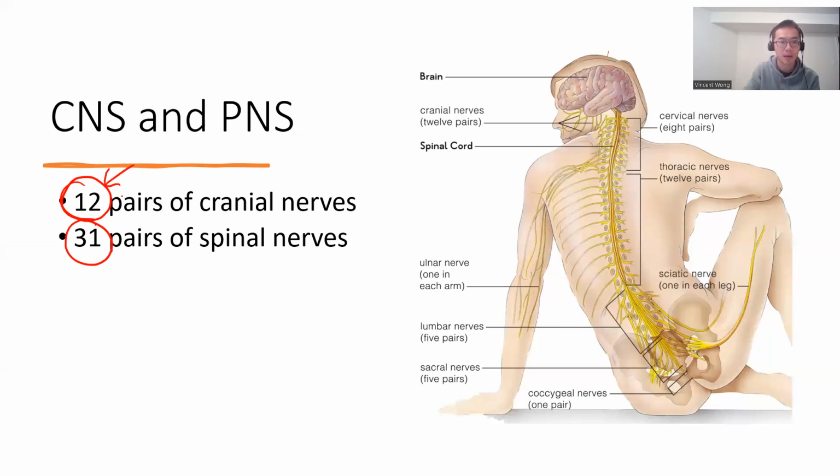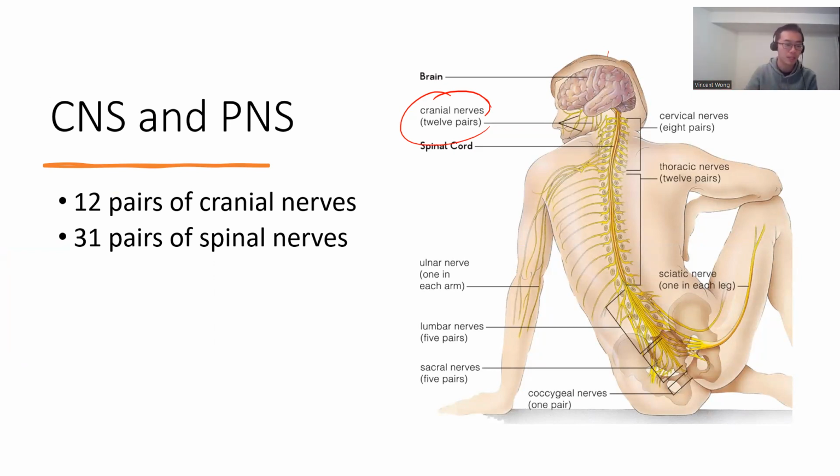There are 12 months in a year and 31 days in half of the months, I guess. So coming out directly from the brain, that's where the cranial nerves are. And the 12 pairs do many things, including 4 pairs dedicated to eye movement alone.